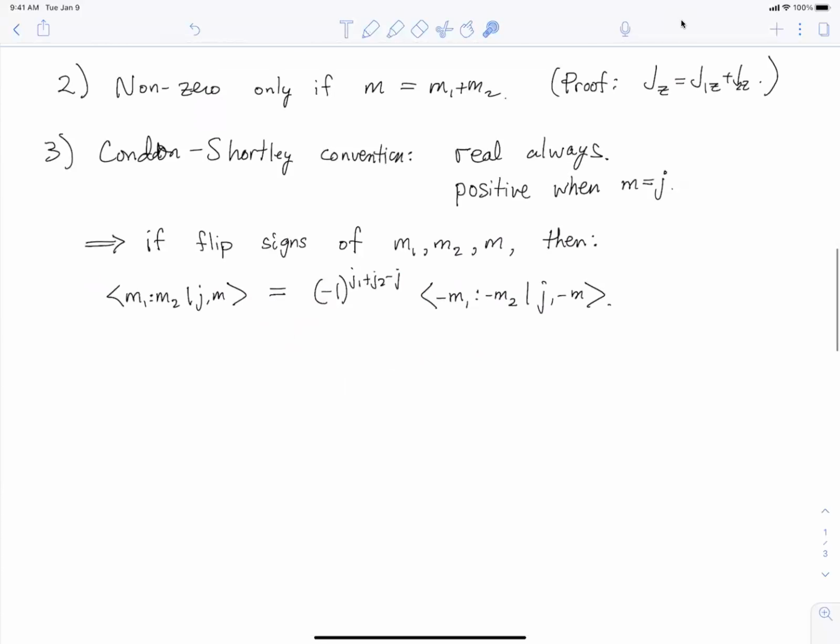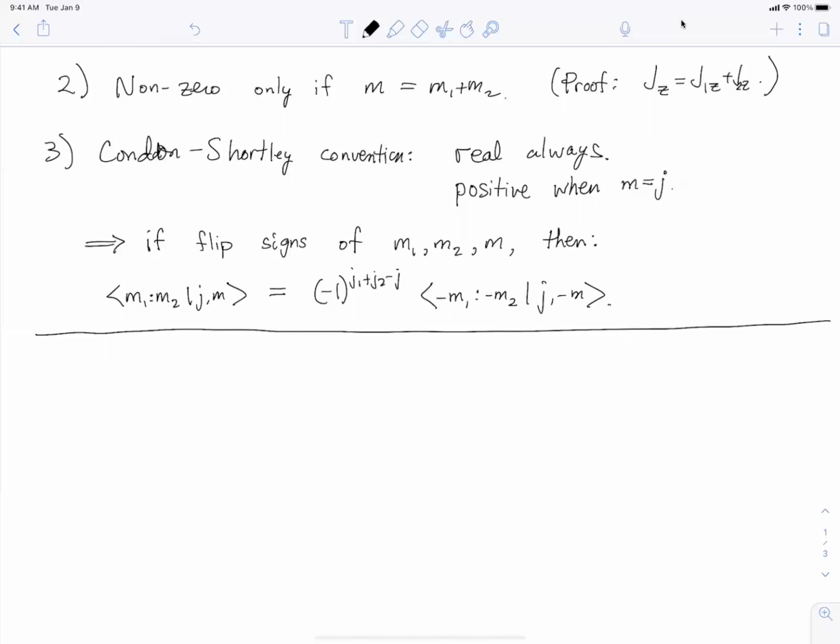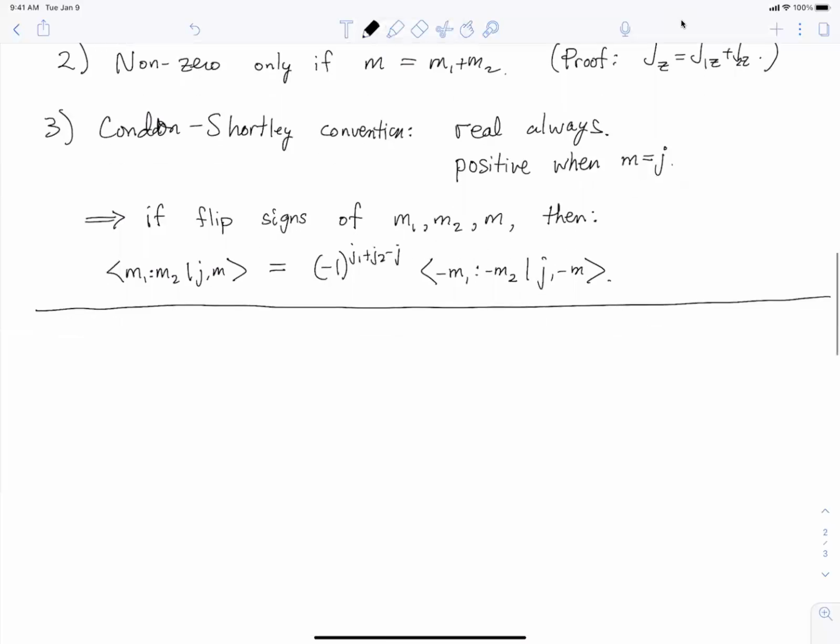All right, so a nice thing to do sometimes is to look at what happens if j1 and j2 are actually the same. So, addition of same j1 equals j2. Now I'm going to call j1 and j2 equal to capital J, just to give it a name.